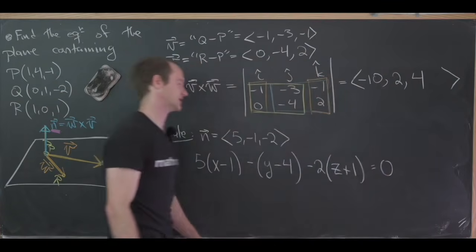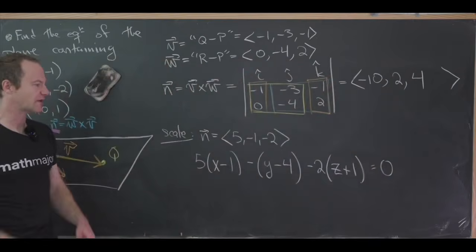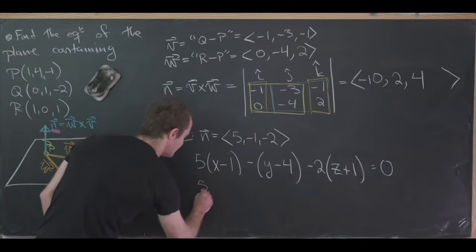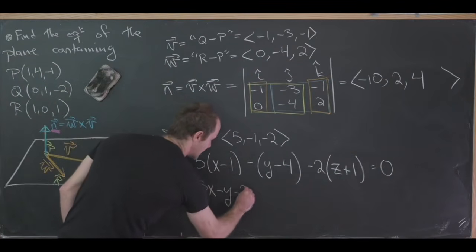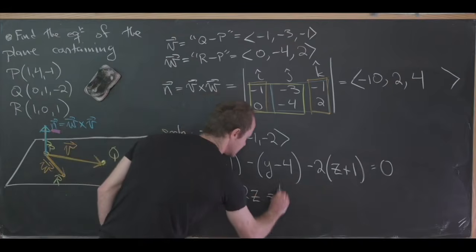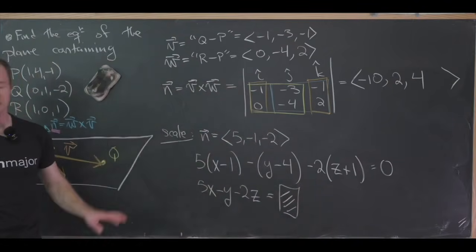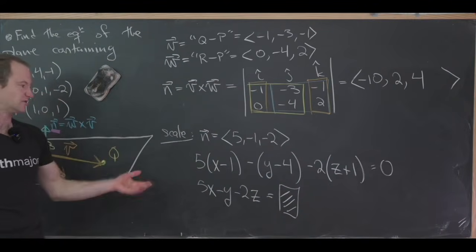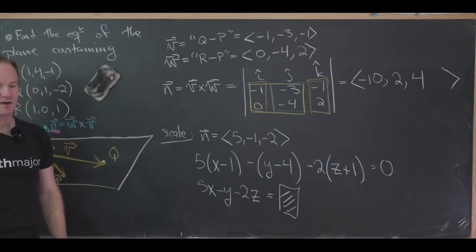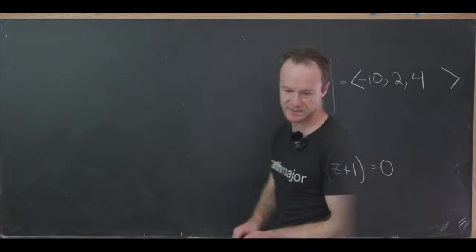So we have something like this. And then we could rewrite this as like 5x minus y minus 2z equals some number by putting all of those things together if we wanted to, but I'll leave that last bit of arithmetic to you.